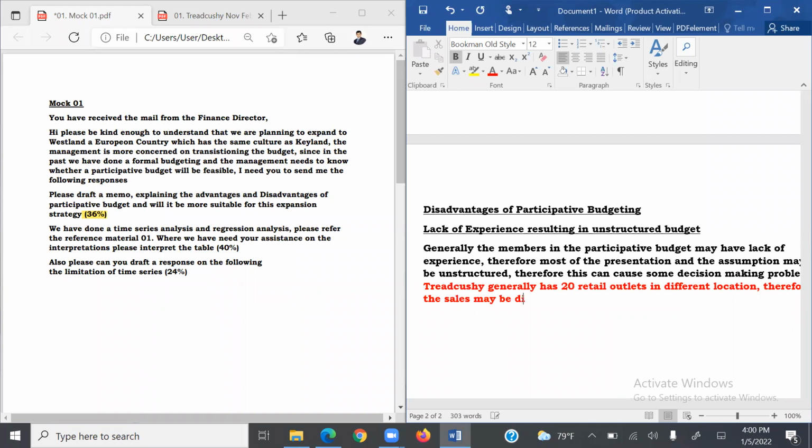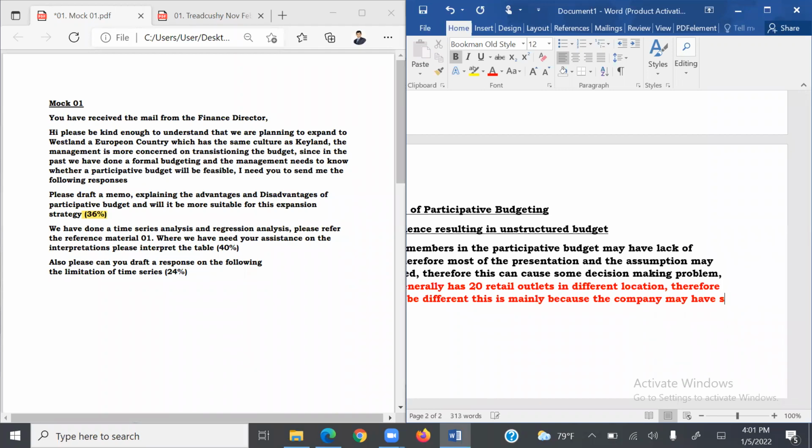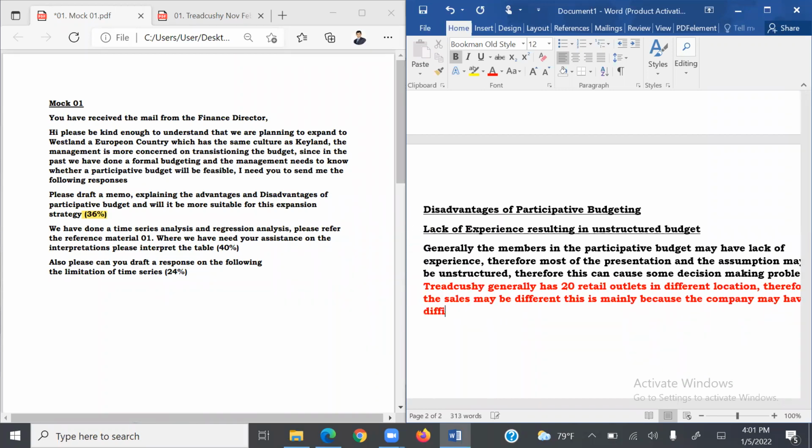I believe this is completely clear for you. This is mainly because the company may have different regional segmentation. Get that point of view very clearly, students.